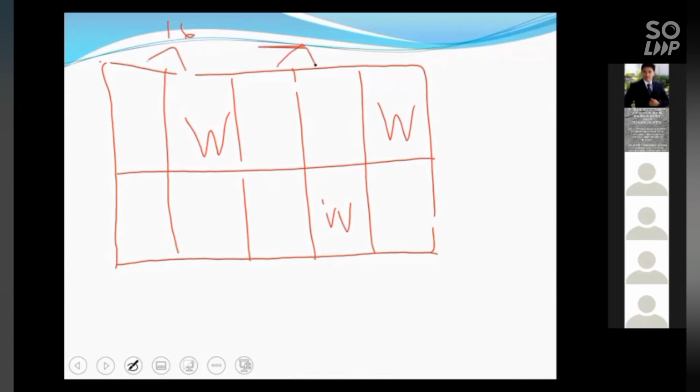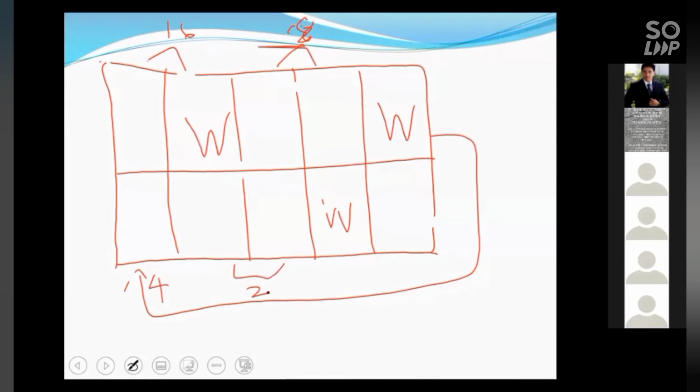The value of this is 16, this is 8, this is 4, this is 2, and this is 1. Then plus arbitrary of 1.